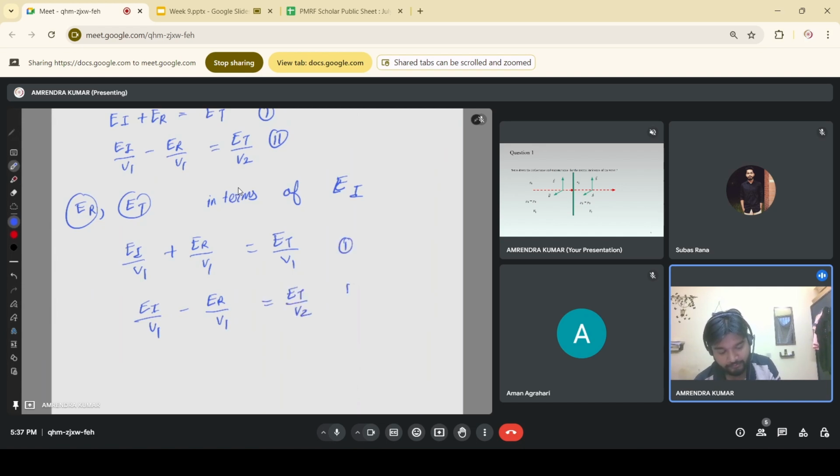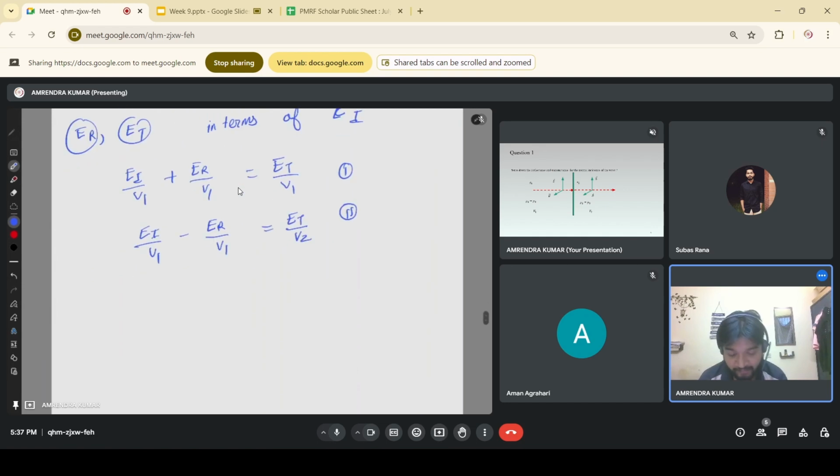This is equation 1, this is 2. Now just sum it up. So you have EI and ET, and that ET has this common factor 1 over V1 plus 1 over V2.